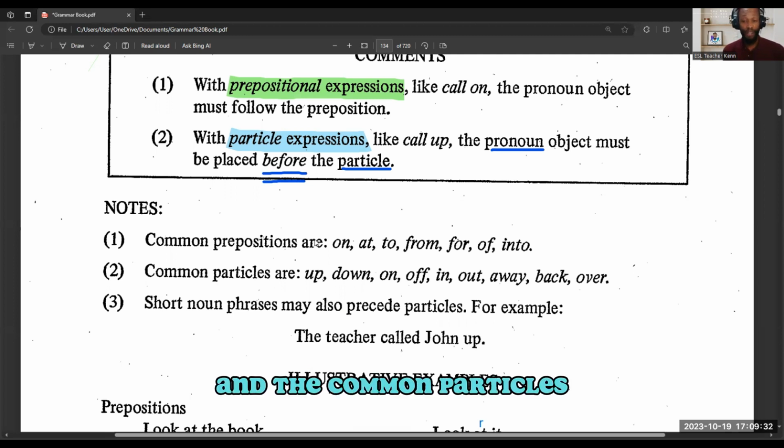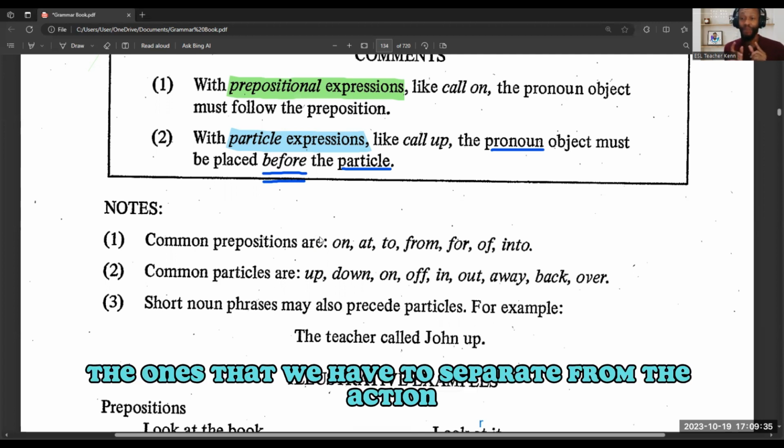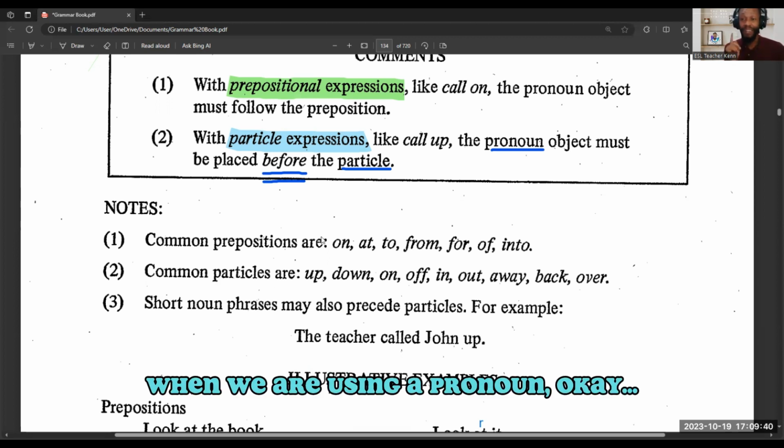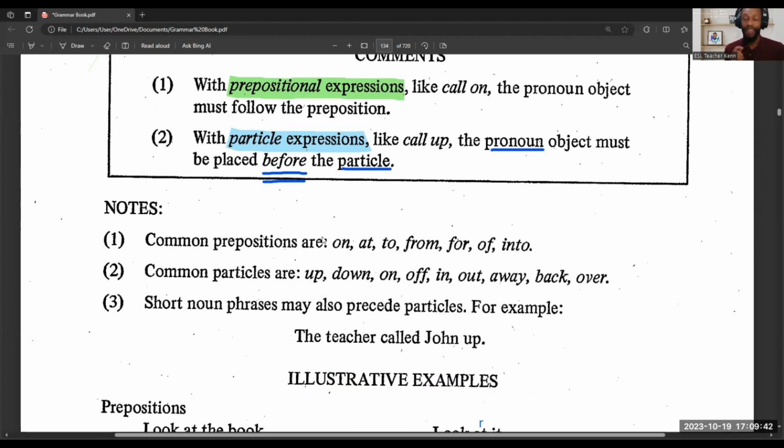And the common particles, the ones that we have to separate from the action when we are using a pronoun, are up, down, on, off, in, out, away, back, over.